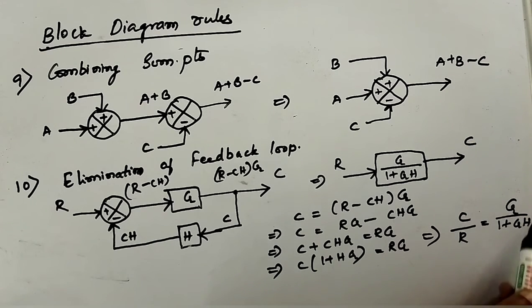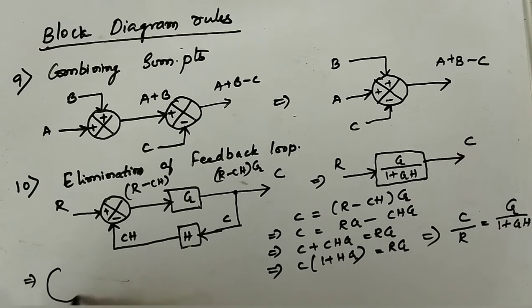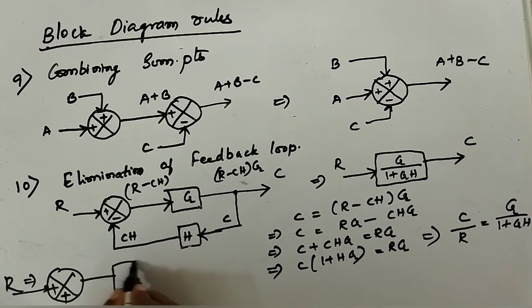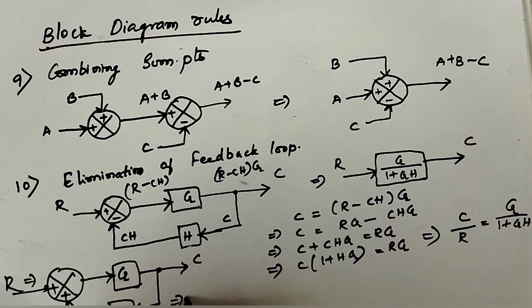Now you'll see a system with positive feedback, where R is the input and C the output. In the return path you have H. This can be reduced to R as input, G by 1 minus GH is the final transfer function in this block, and C is the output.